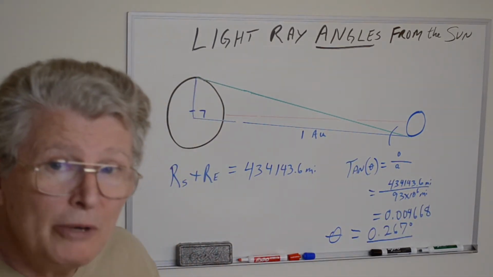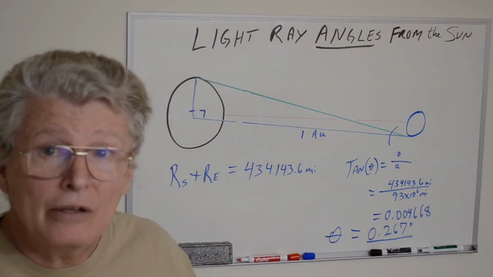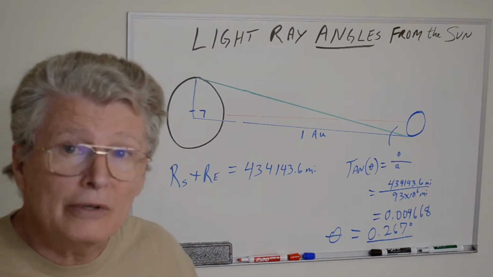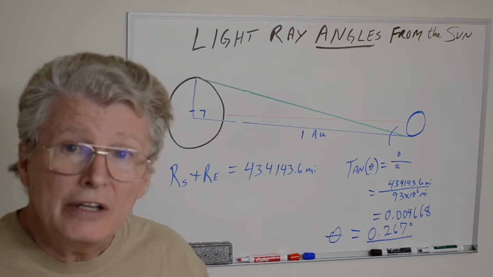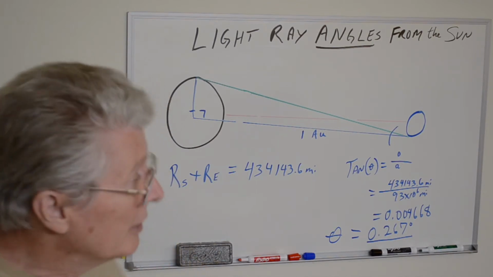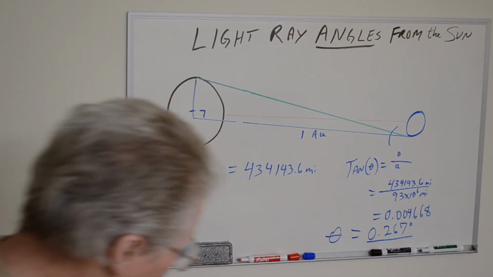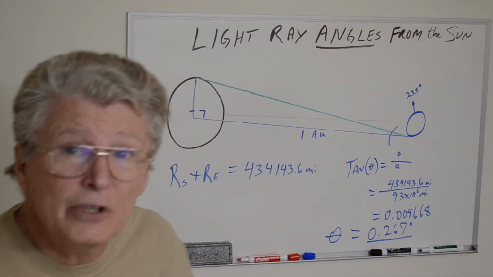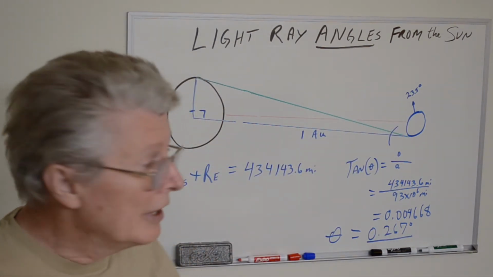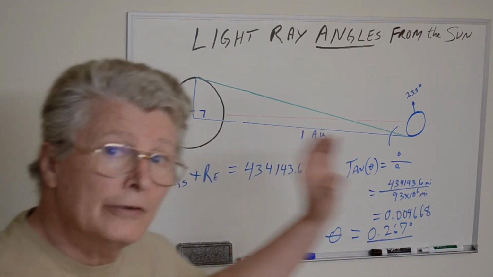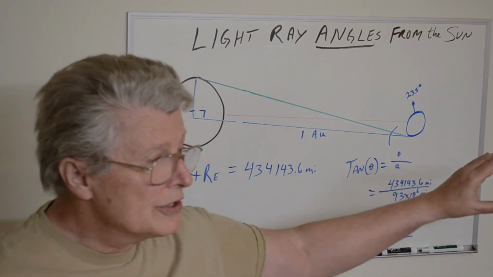That's the maximum deviation you can have for the angle of a ray, a photon, coming from the sun and hitting the earth. Now remember that the earth is tilted at 23.5 degrees, and this variation as we go around the sun is what's going to give us our seasons.